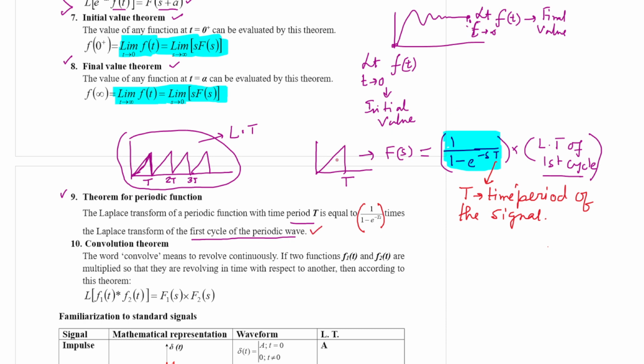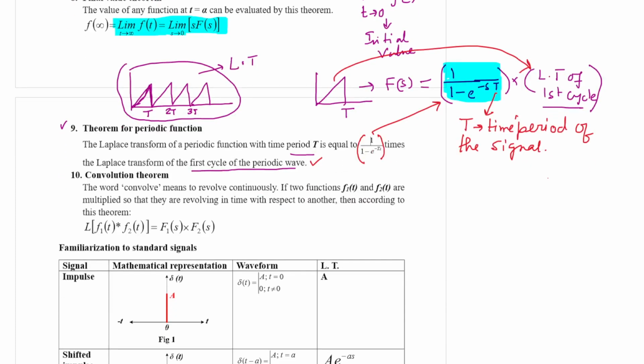You first consider the first cycle, and whatever its Laplace transform is, you must multiply it with this factor 1 by 1 minus e to the power minus sT to get the Laplace transform of the entire periodic waveform. So it is called the theorem for periodic functions.